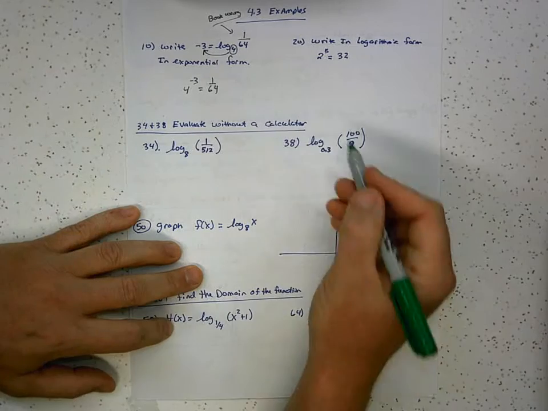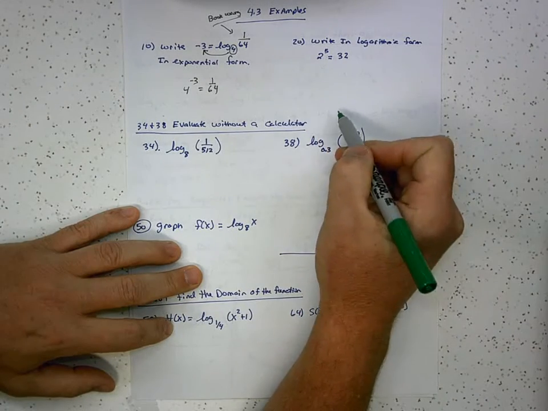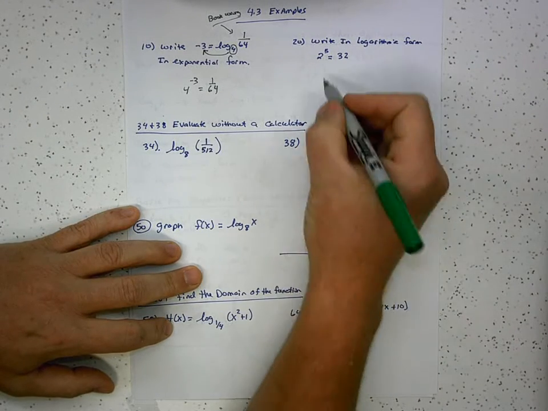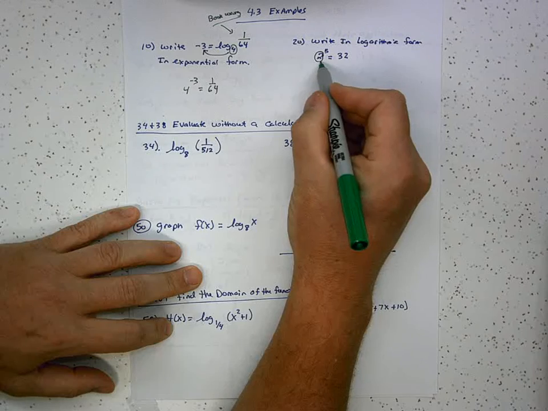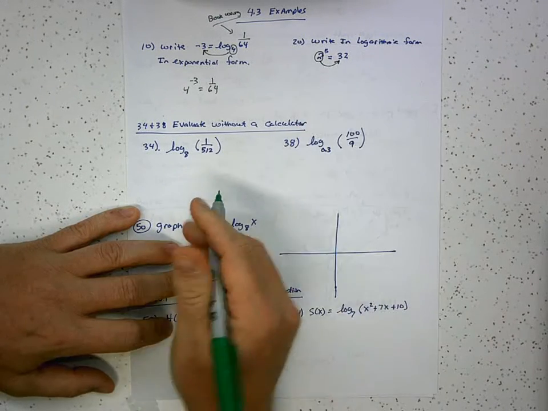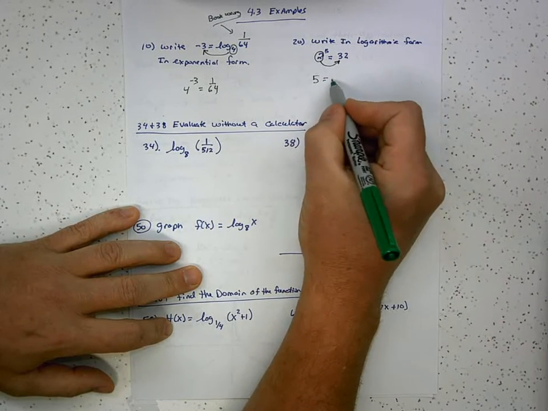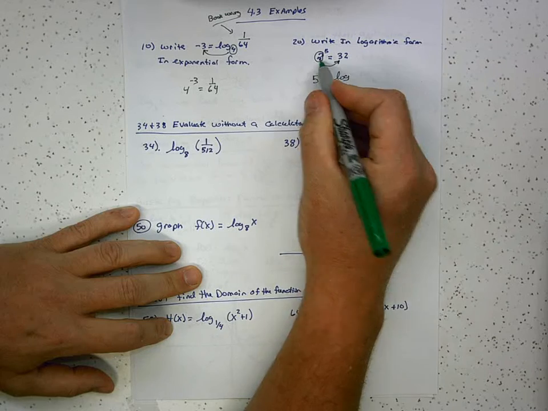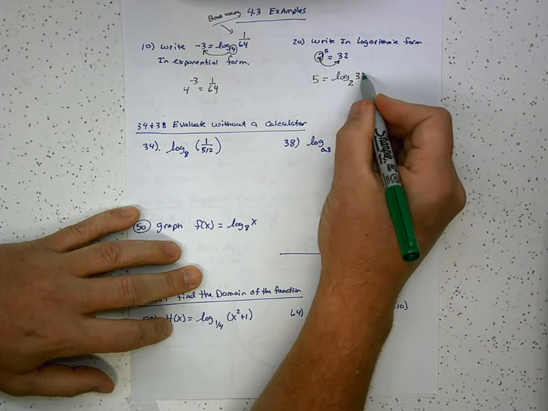Okay? If I want to write something in logarithmic form, 2 to the 5th equals 32. I take the base, and I slide it across the equal sign. The 5 drops down. I have to put a log in, because my base is 2, and that's of 32.